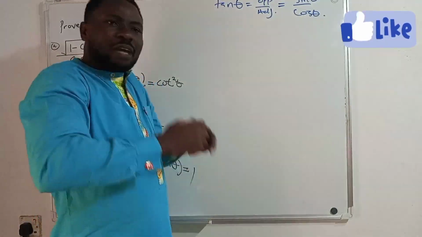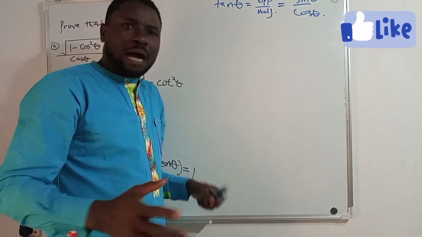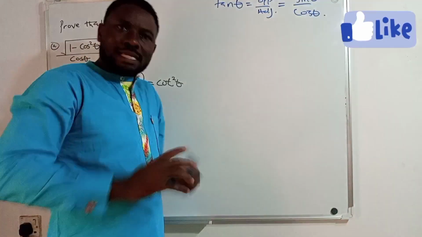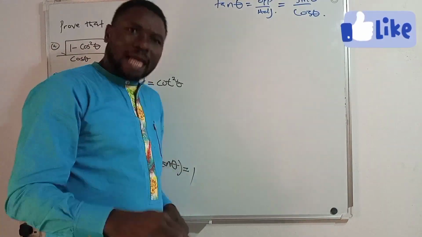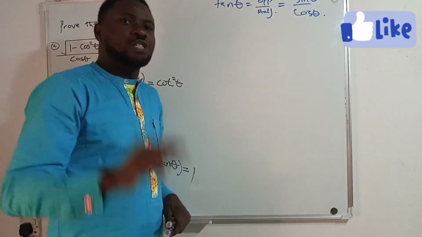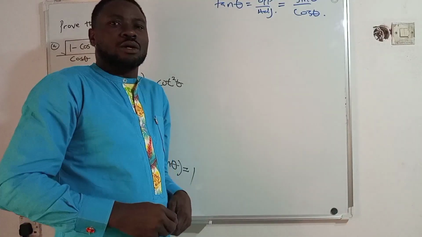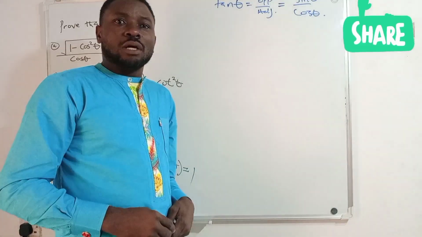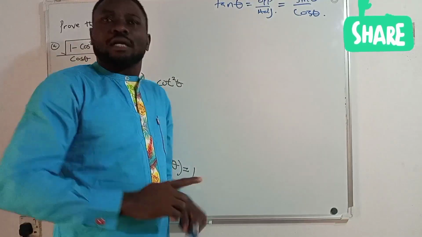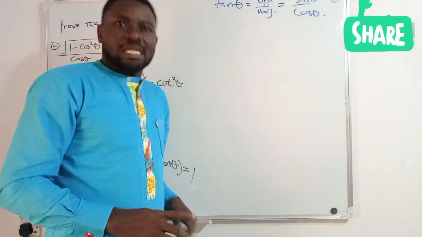So if you have any angle, let's say alpha, gamma, beta, whatever the designation of the angle is, the tan of that angle must always be equal to the opposite of that angle all over the adjacent of that angle, and also the sine of that angle all over the cosine of that angle.